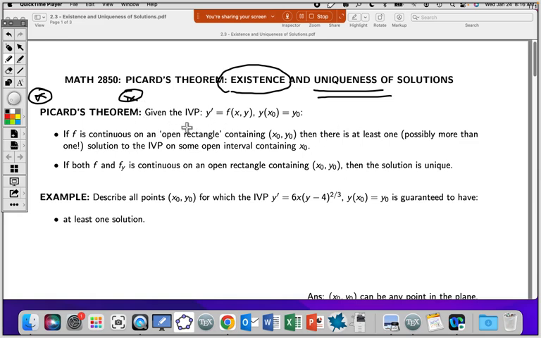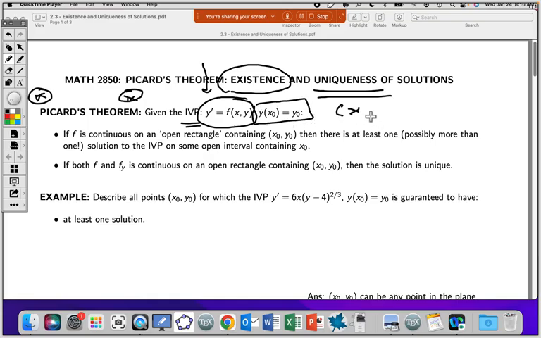Suppose you're given an initial value problem, and you write it in the form y prime equals f of x, y. So pretty much what you're doing in this equation is isolating the derivative. That just means that y prime equals some collection of x's and y's. And you get the initial condition y at x naught equals y naught.